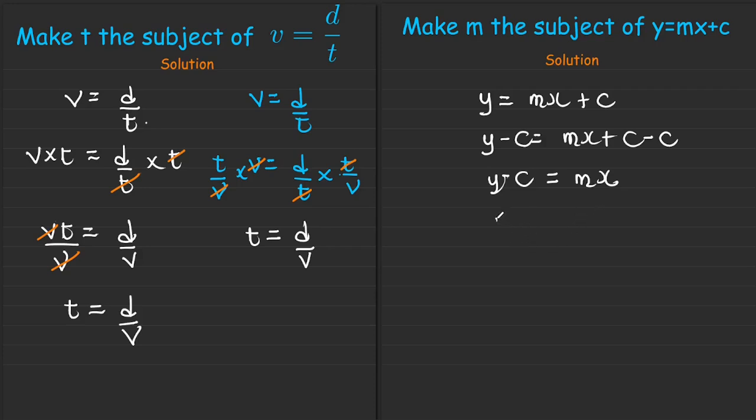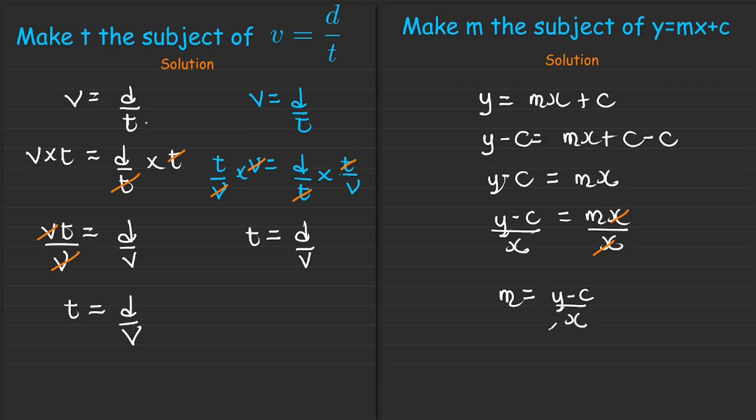Hence, we would have to divide both sides by the obstacle. In this case, the obstacle now is x. So divide by x, and do the same for this side, so that our x cancels out the x. So what do we have? We have m being equal to y minus c, over x.